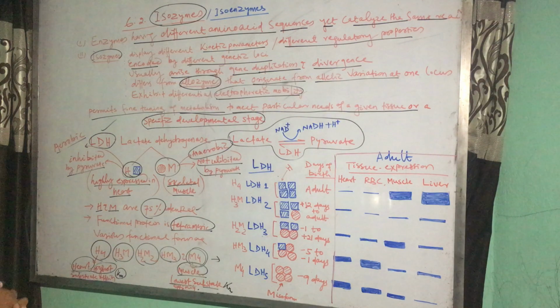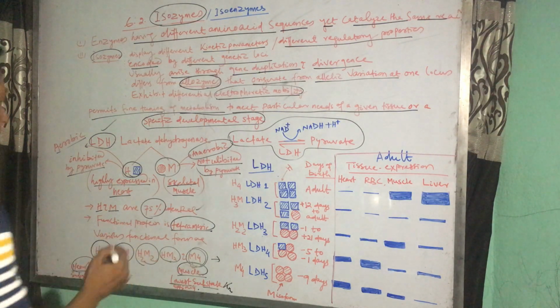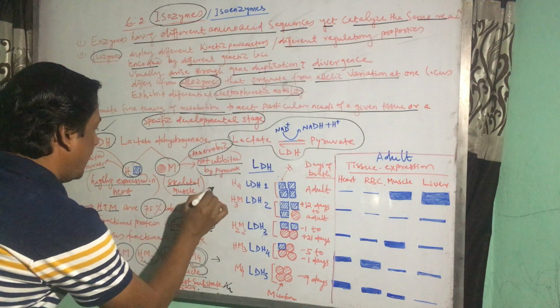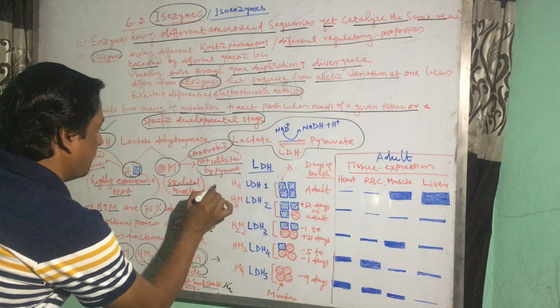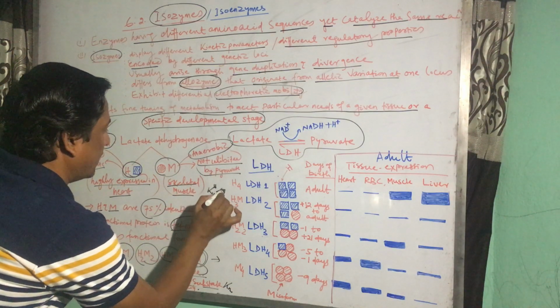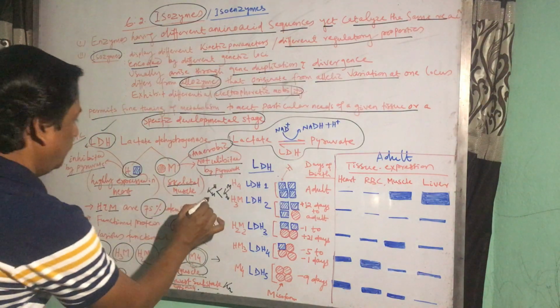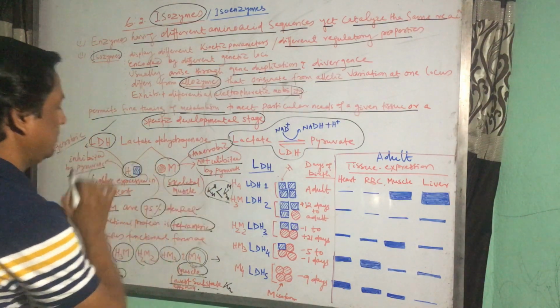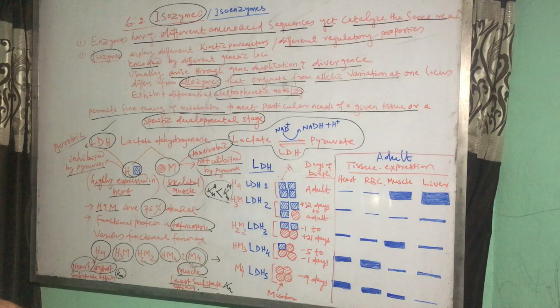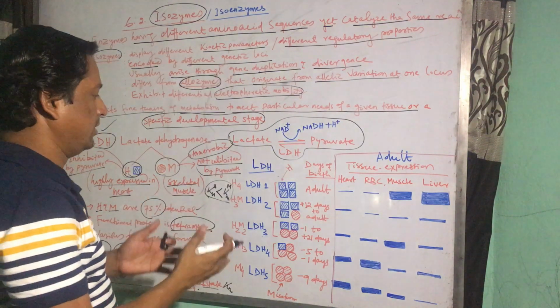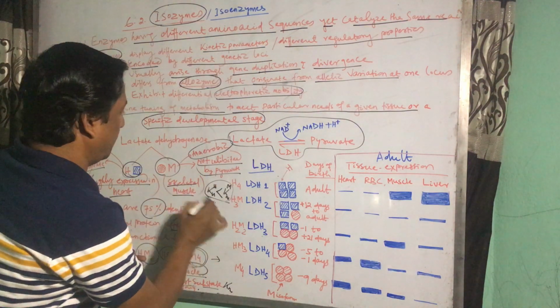So here we can claim that the Km for H type is lower than the Km of M type. These are the properties through which their affinity for substrate is determined.